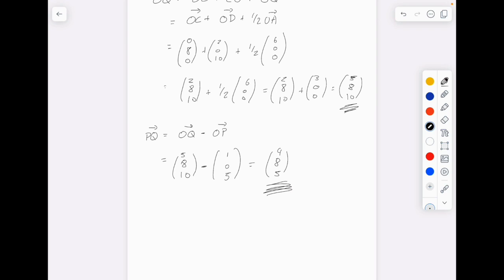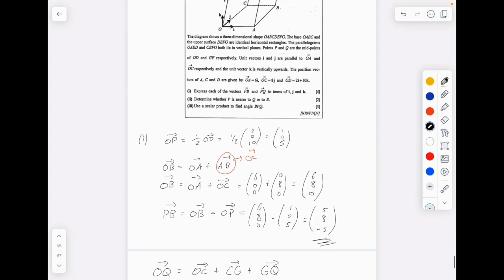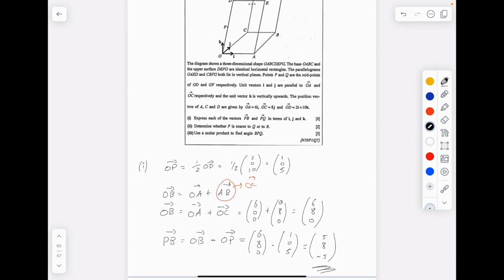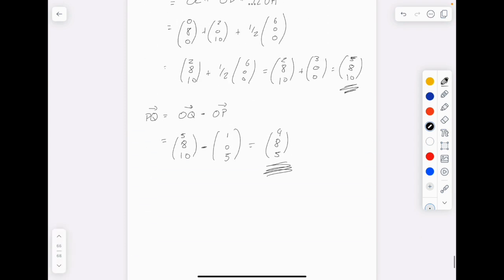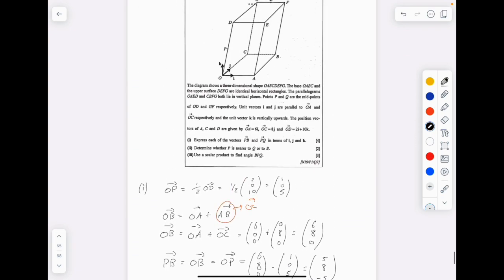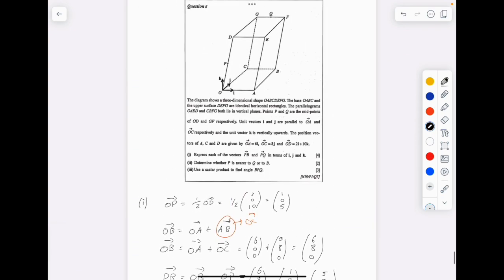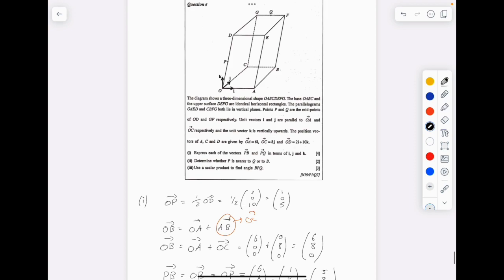Now, what about II? Well, II says determine whether P is nearer to Q or to B. Well, how do we do that? Okay. So what I can say is, well, PQ. What does PQ equal?